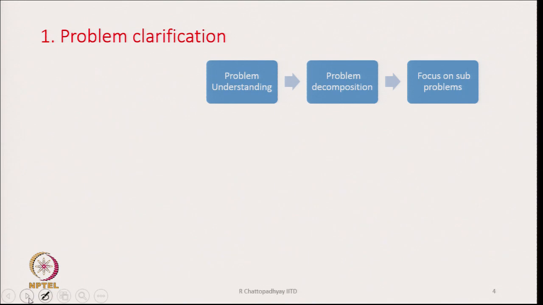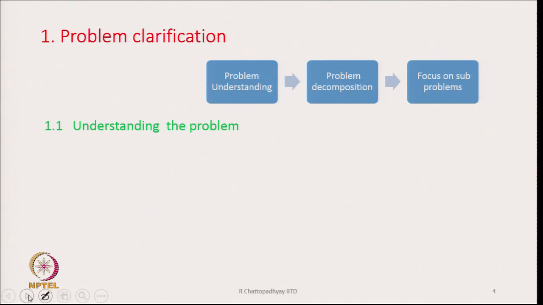So, let us go through these steps in a little more detail. Clarification of the problem. That basically means a clear cut understanding. All right. These steps are also depicted on the top of the slide.